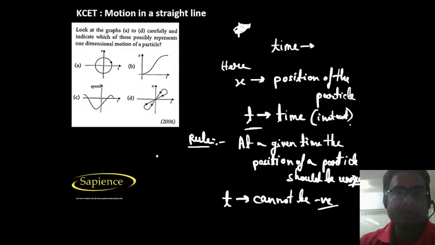In option A, the circular graph has been given. Here at a given time, suppose at t equal to 0, two positions are there.